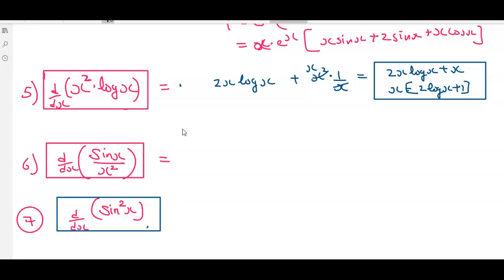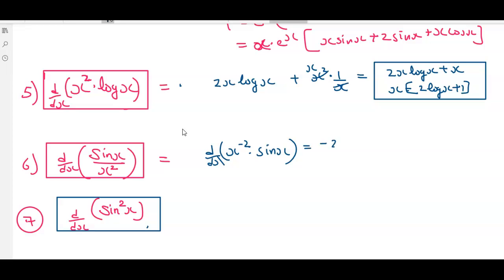So now what about this? Now this is a division rule, and I have not taught you the division or quotient rule of derivatives. Now be smart enough. dy/dx: it is x to the power minus 2 into sin x. Now we have to apply a product rule.